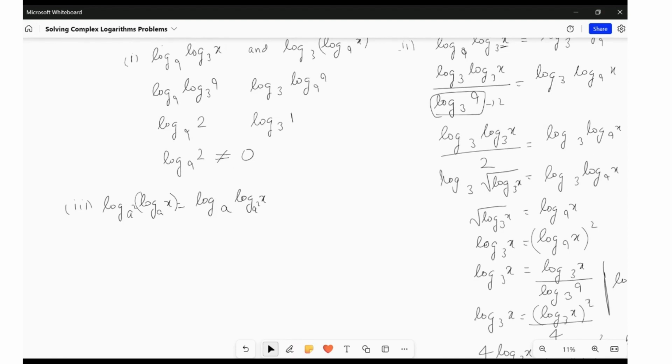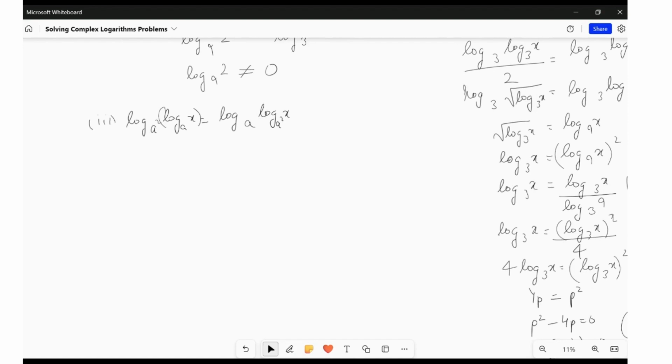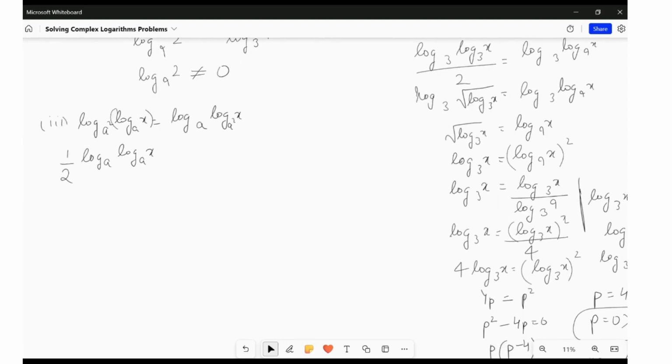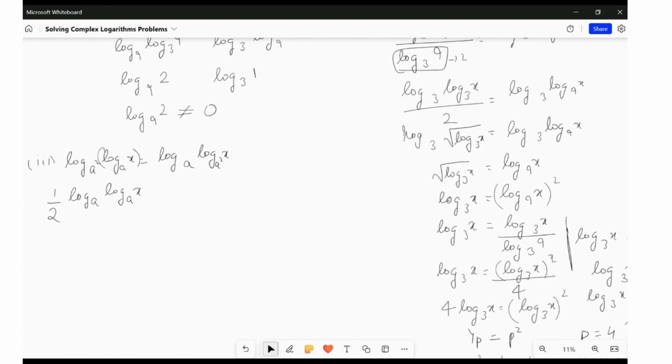Now from this part we will just take some of the inferences which we made. Here, log of log x base a, we can write this as half of this, like in this part where we changed the base and got this. Suppose a is 3, so in this also we had 9 in place of a square.